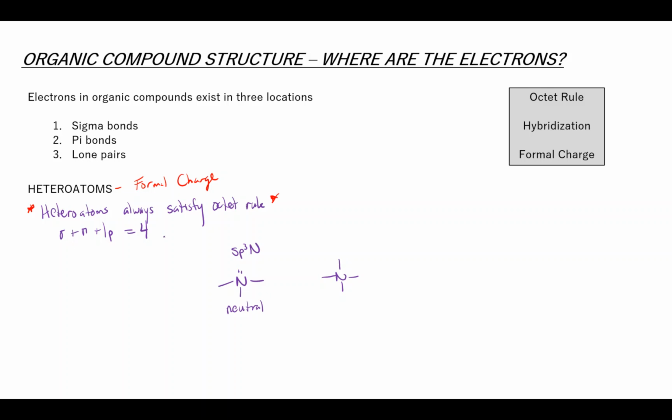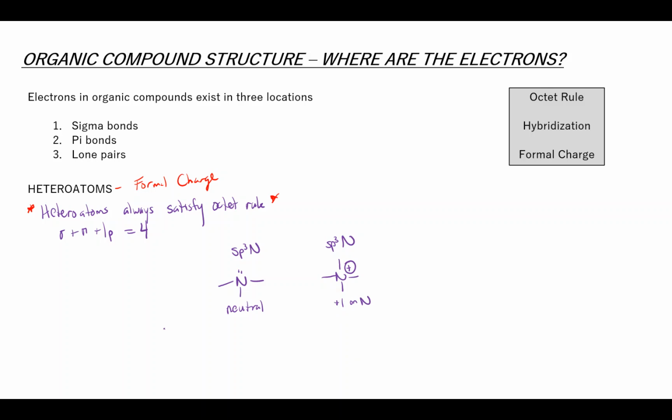Now, this still satisfies the octet rule. We have 4 sigma bonds surrounding this nitrogen. This nitrogen is still sp3 hybridized, but for the formal charge, it no longer has the right number of electrons to satisfy its valence, right? So we've converted that lone pair into a sigma bond. This nitrogen is now positively charged, so it has a +1 on nitrogen.